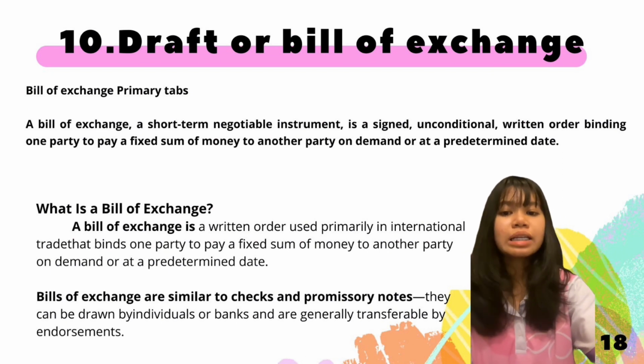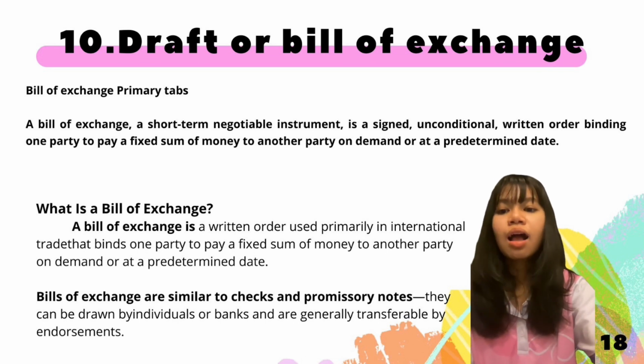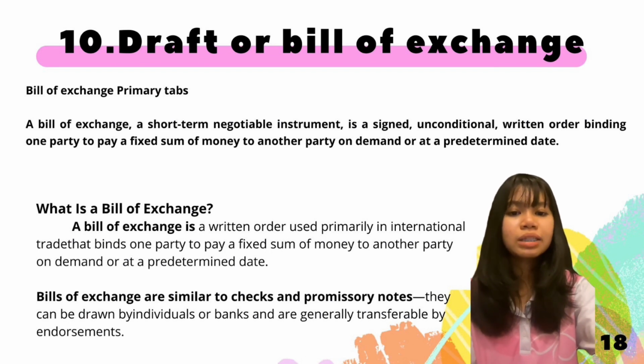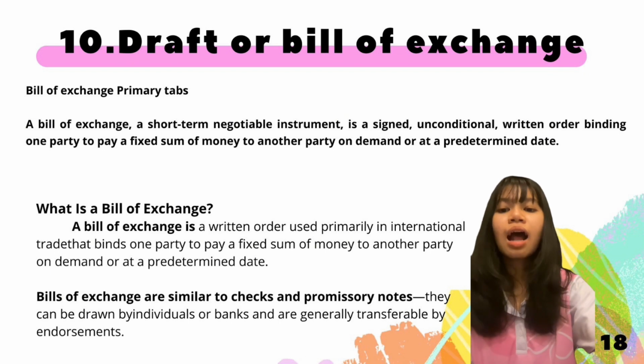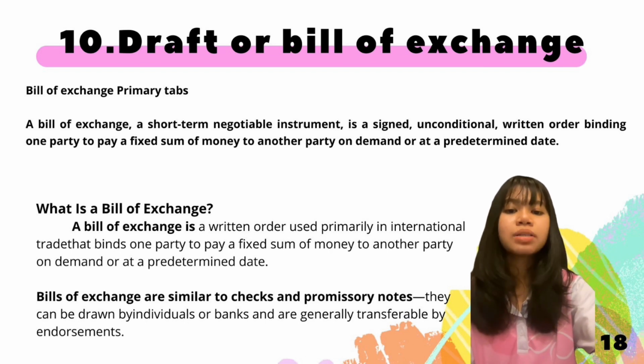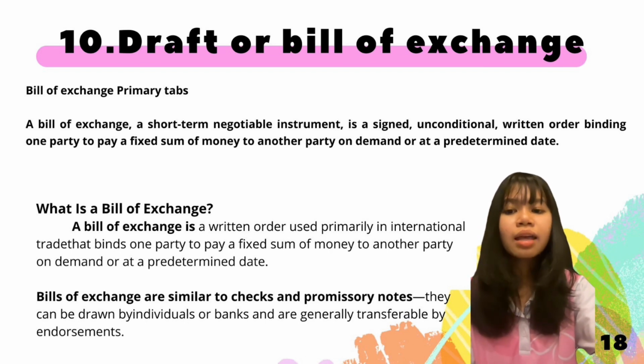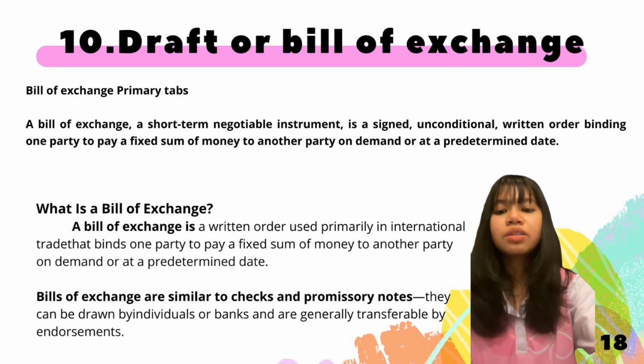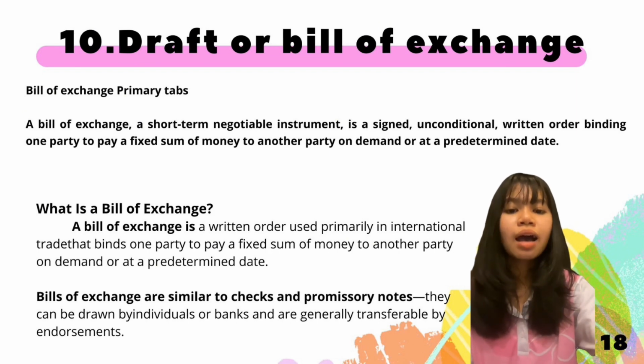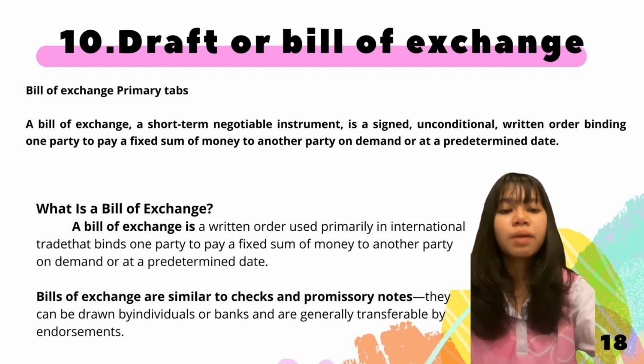A bill of exchange is a written order used primarily in international trade that binds one party to pay a fixed sum of money to another party on demand or at a settlement date. Bills of exchange are similar to checks and promissory notes. They can be drawn by an individual or bank and are generally transferable by endorsement.